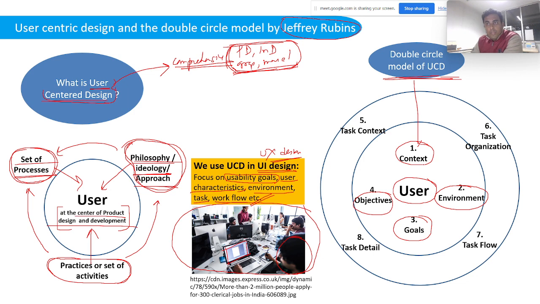Then once we understand that particular user, we try to figure out the task context, the organization of the activities within the task, then the task flow and the task details. The difference between the inner circle and the outer circle is that in a user-centric design process, first we need to understand the user.